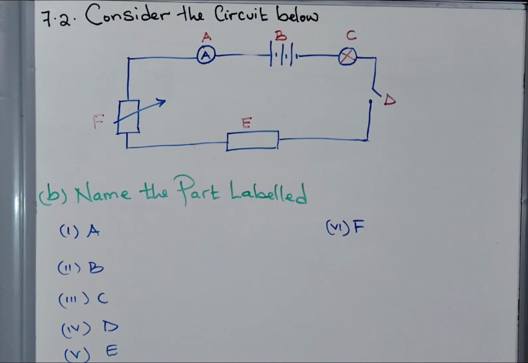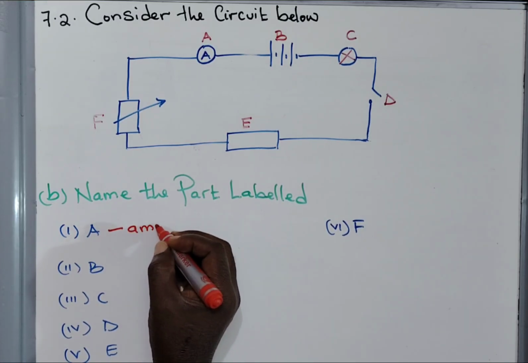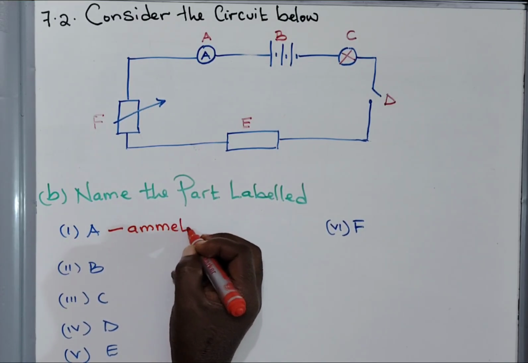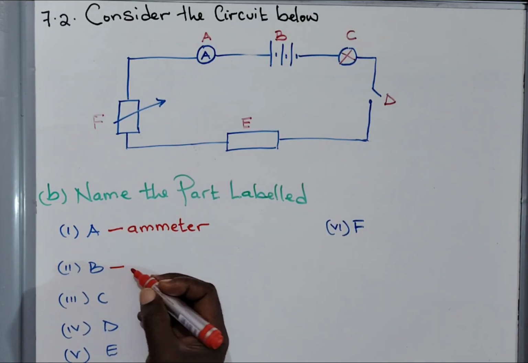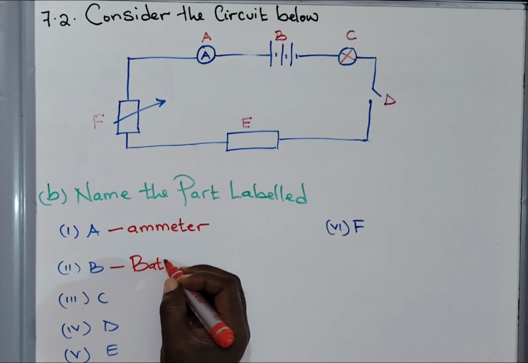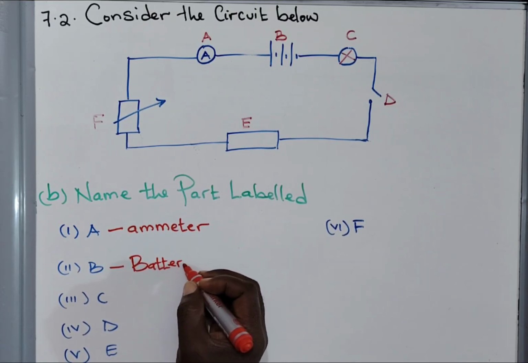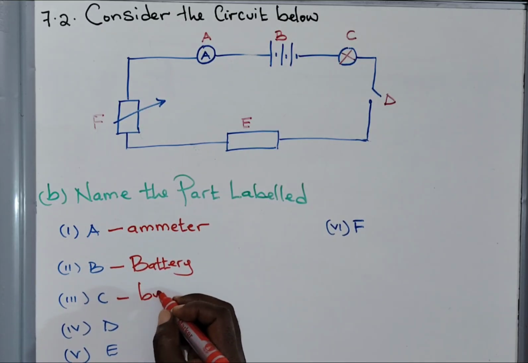Then we come to this one. It says, name the part labeled. The first one is A. What is A? A is ammeter, a device which measures current. What is B? B is battery, an assembly of cells. What is C? C is bulb.